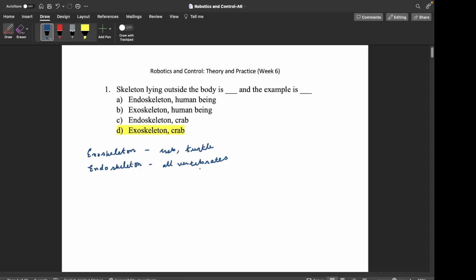So why do we need robotic exoskeletons? So the question is why robotic exoskeletons. I will write exoskeleton as EXS just to save some effort.